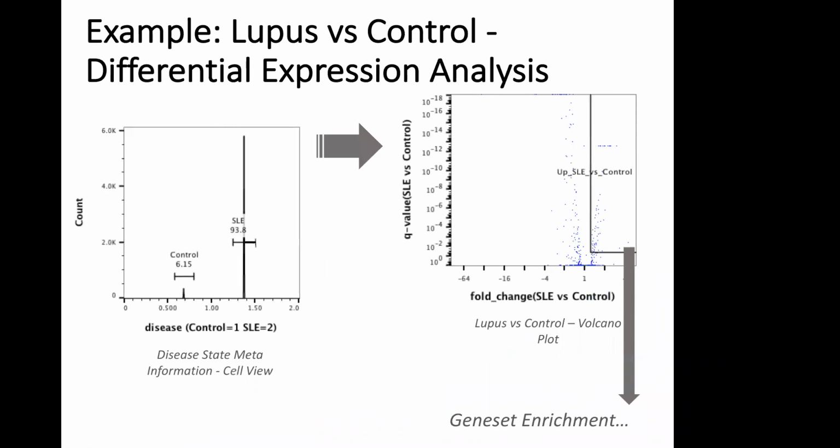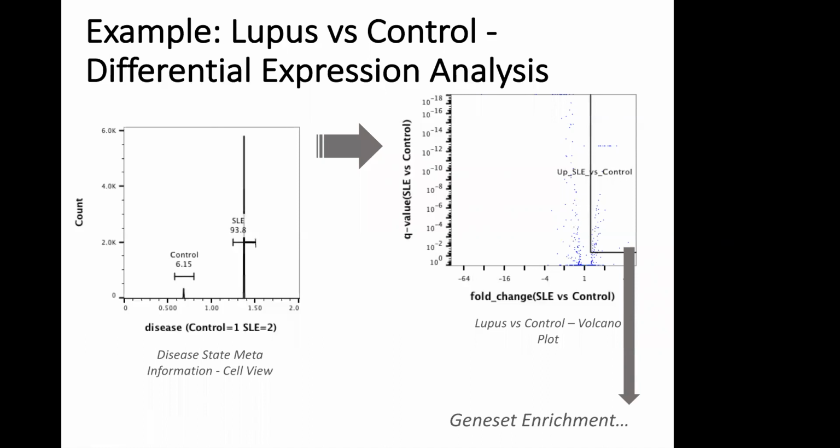In this example, we are doing differential expression analysis, which is oftentimes the precursor to gene set enrichment analysis. And specifically, we have a data set that comes as demo data in our latest release, which is lupus data provided by the AMP consortium. And that data is kidney data, and it contains both disease state cells and those from healthy patients, so that you have something to compare against. And of course, using differential expression analysis, we can find the genes that are upregulated in the disease state versus the control.